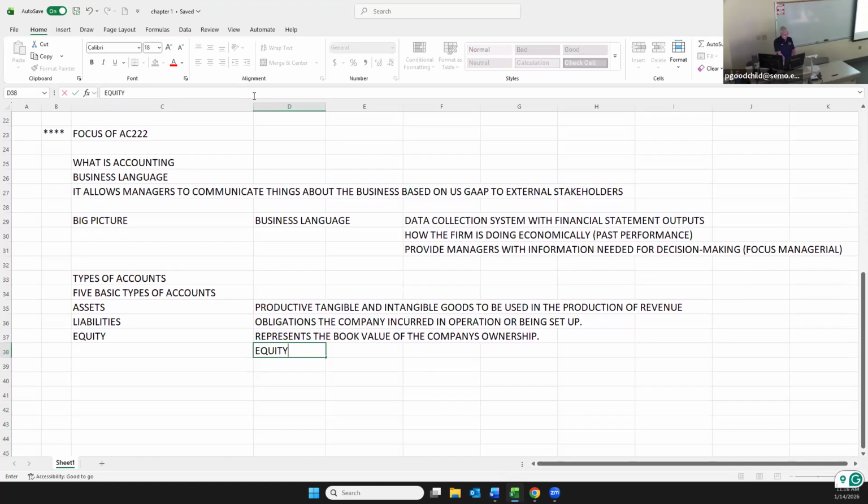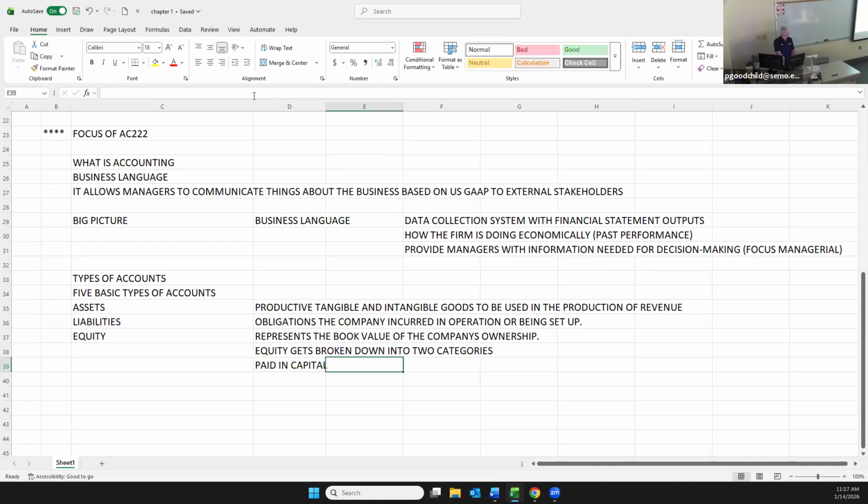Equity gets broken down into 2 categories. First category is paid in capital.